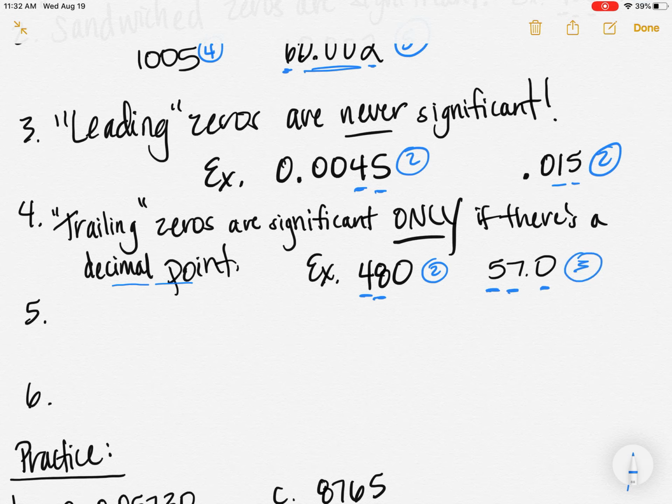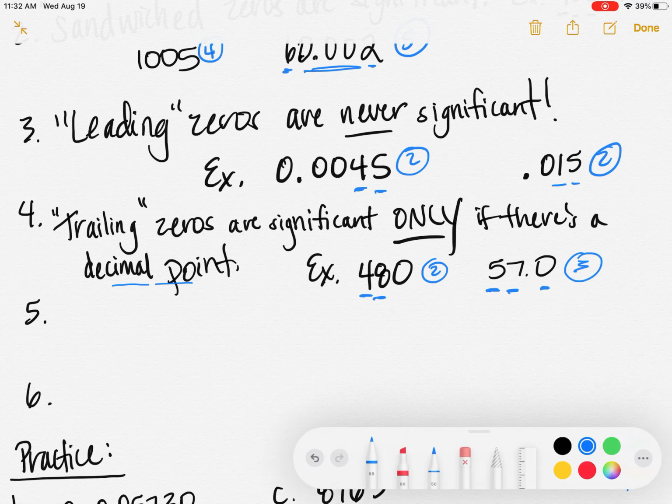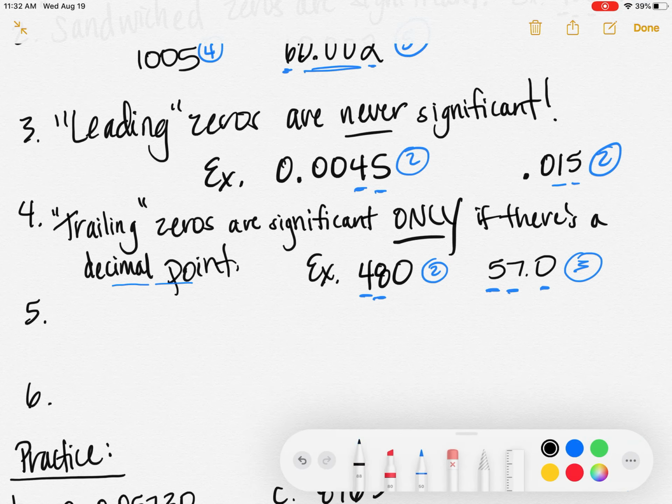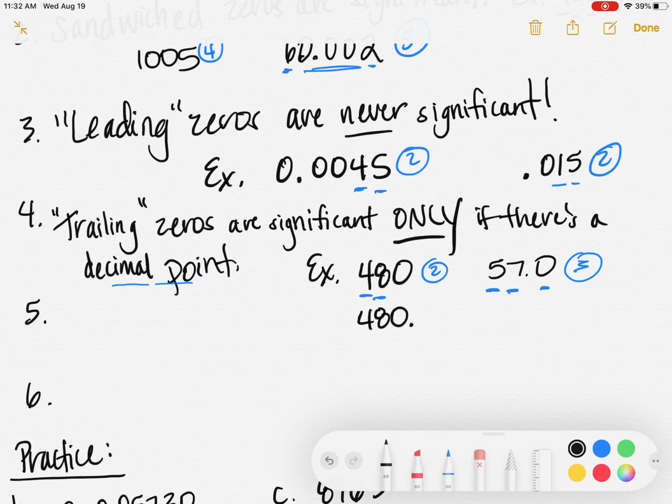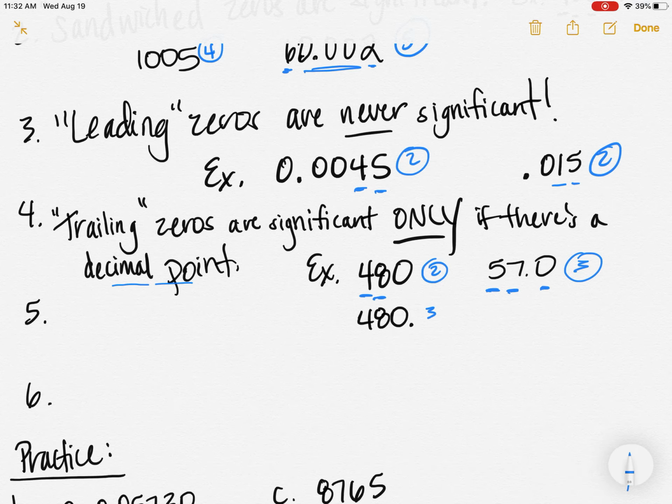So this number has 3 sig figs. Let's go back to that 480 number for a second, because the number 480 has 2 sig figs, but the number 480 with a decimal point has 3 sig figs, because that 0 becomes significant with the addition of the decimal point. So sig figs and zeros get a little funky sometimes with the rules.